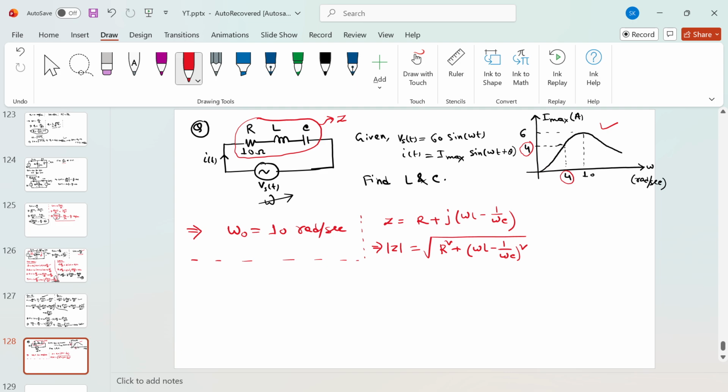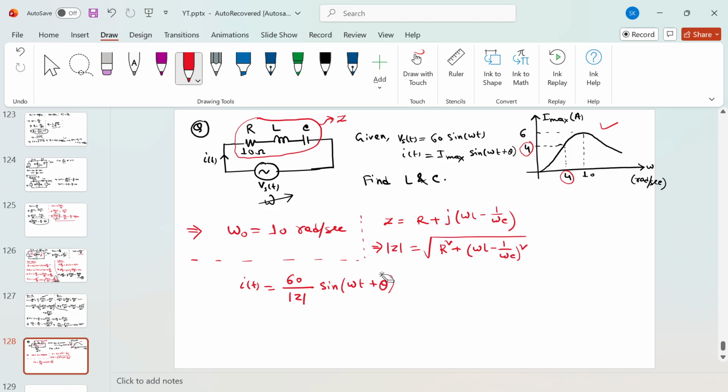So I can write I of t as 60 by mod Z sine of omega t plus theta, and the angle I'm not showing here. That angle will come into this theta, but it doesn't matter because I am only interested in the magnitudes.